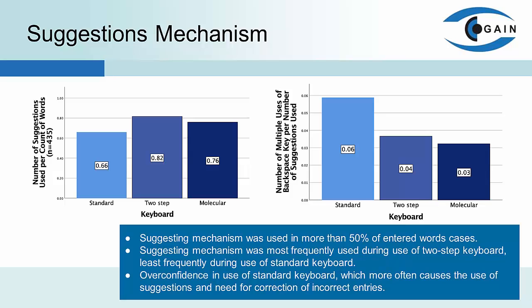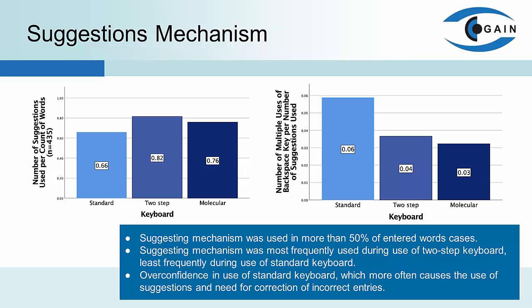Moreover, we noticed the strategy of some subjects during the experiment, especially in the case of the standard keyboard, which consisted in the use of the word suggesting mechanism in order to complete the current word, even if there was no exact match with the required word, and then to change its ending.